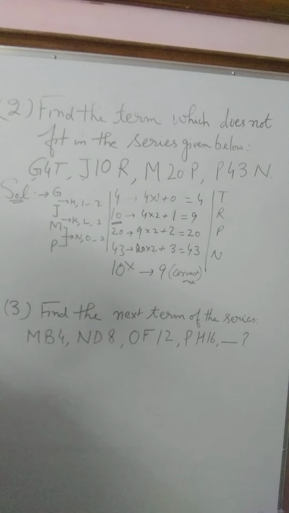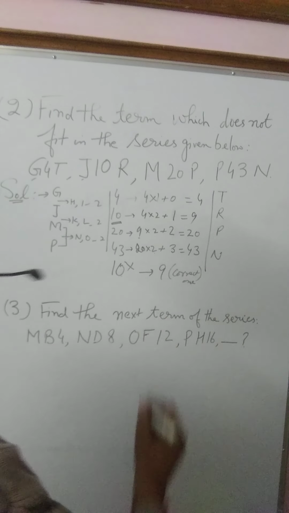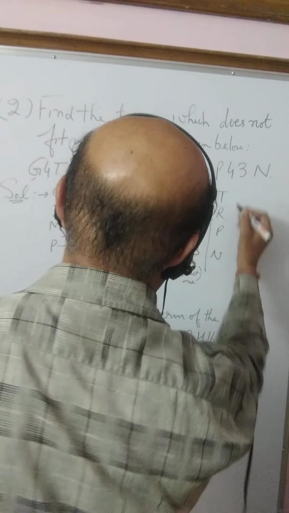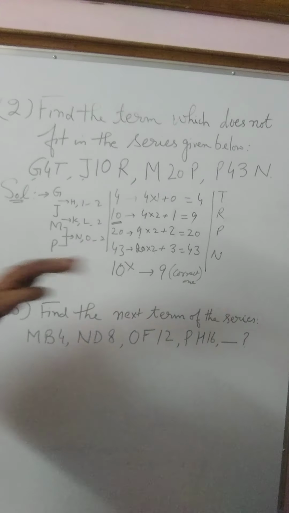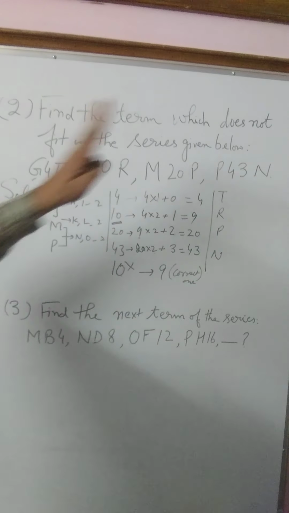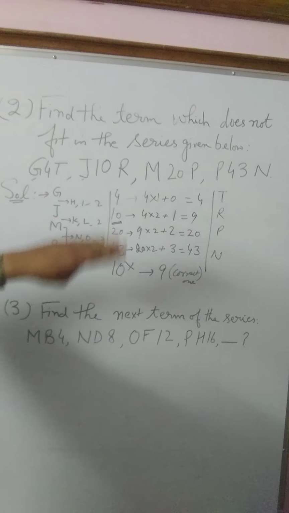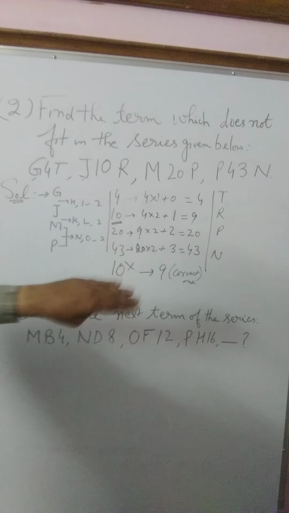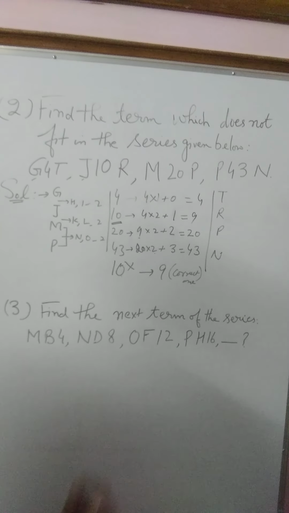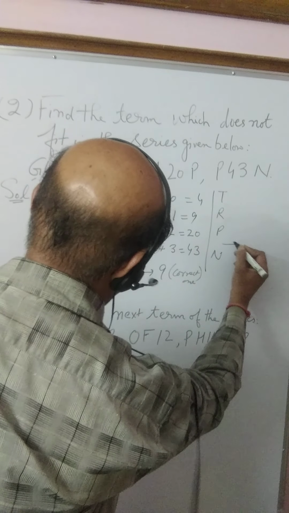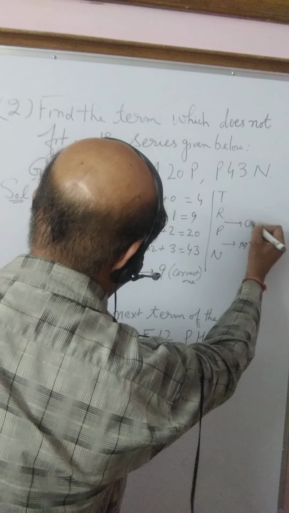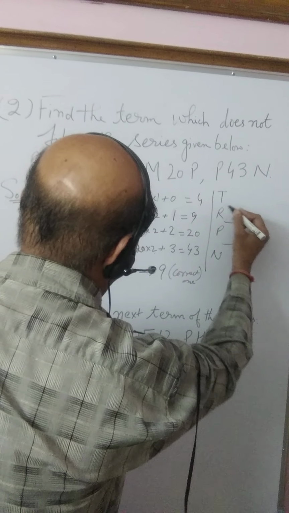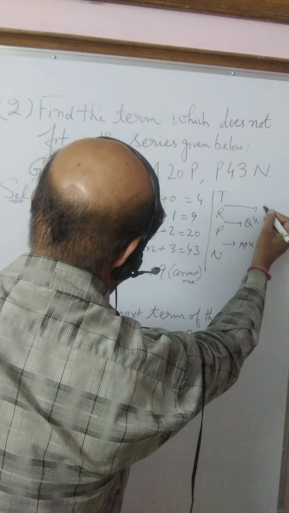Now we again come to our alphabetical concepts, that is T, R, P, N. See here it is in reverse order, from T to R, R to P, then P to N. If we go from lower to upper part, or from bottom to top, it will be very easy, because from N to P, M is missing, from P to R we have Q missing, and then from R to T our S is missing.